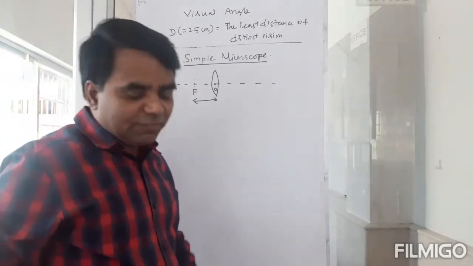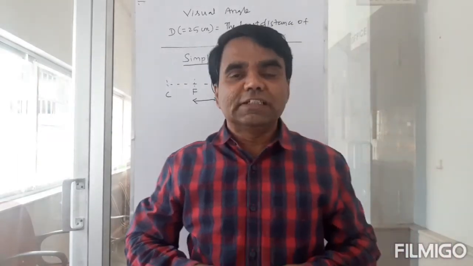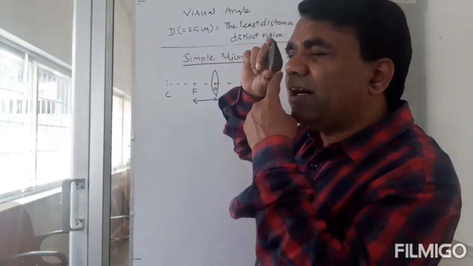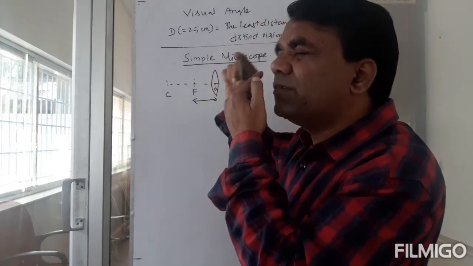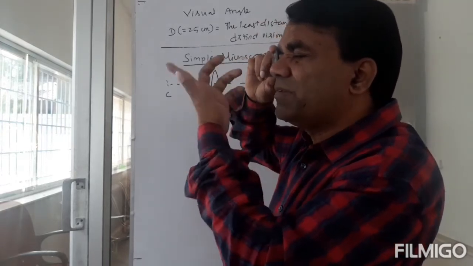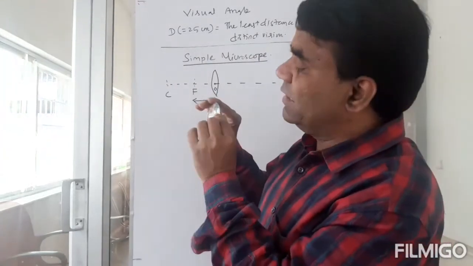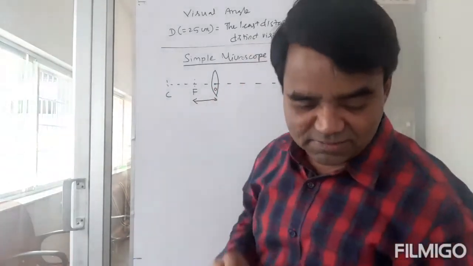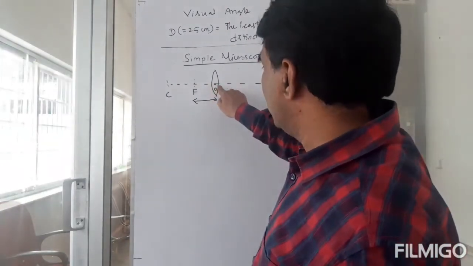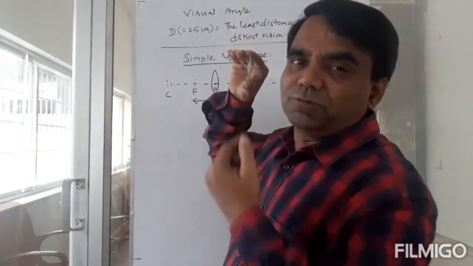And where are we going to see this image? You may have noticed, the detectives will keep the lens like that. You see, my eye is very close to the lens. So I can say that my pupil is almost at the optical center because it's a very, very thin lens, and my eye is nearly at the optical center. So the line that goes through this optical center, you can roughly imagine to go through my pupil too, right? It's like that.